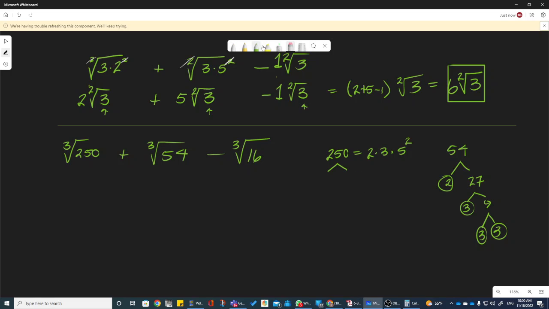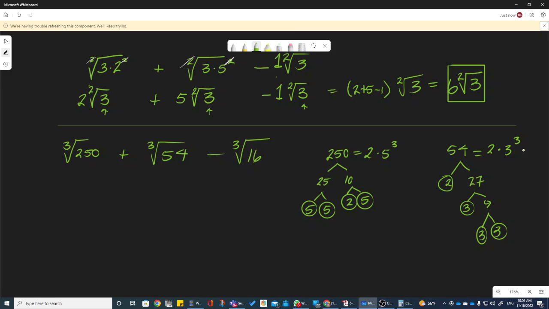Okay, so 25 times 10 is 250. Okay, and then 5 times 5, and 5 is prime, and then 2 times 5, and 5 is prime. Okay, now it makes sense. All right, so you got 2 times 5 to the power of 3, and in here it's 2 times 3 to the power of 3.